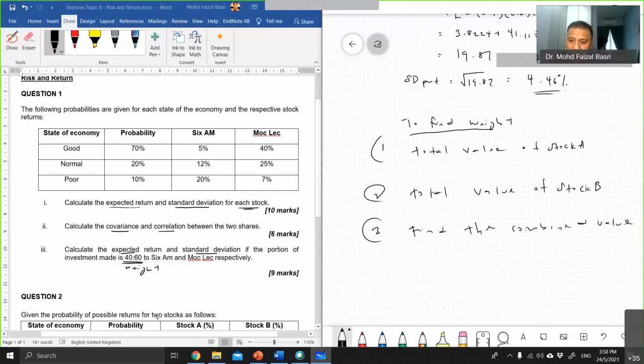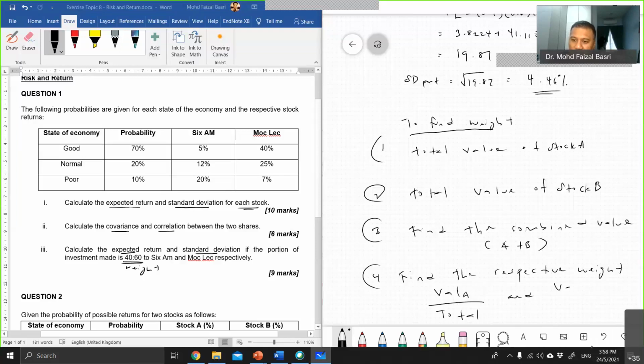A plus B. So step 4, find the respective weights. So meaning value of stock A divided by total, and value of stock B divided by total. Total is the one from step 3.